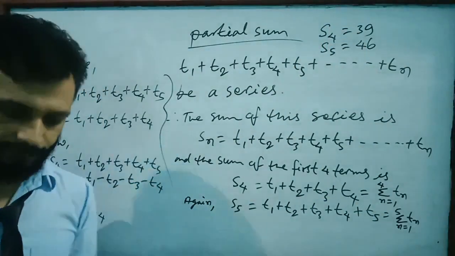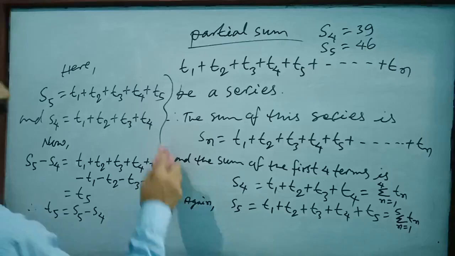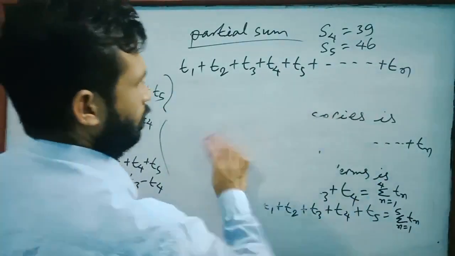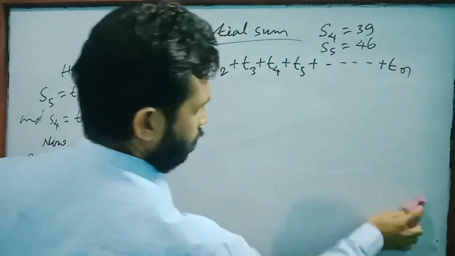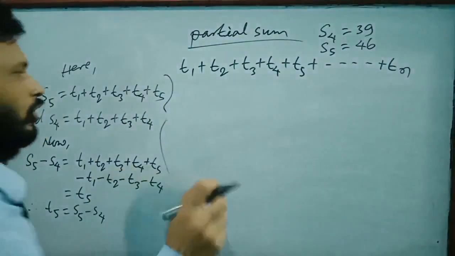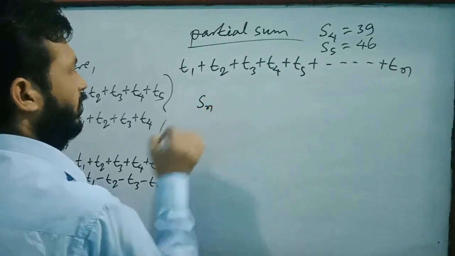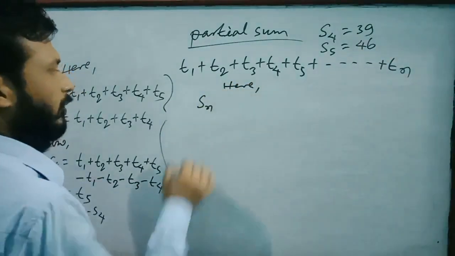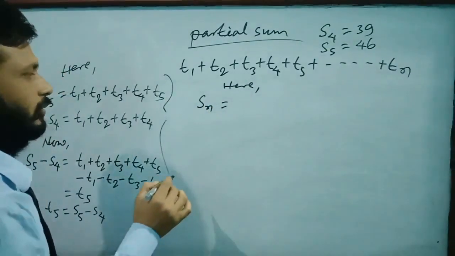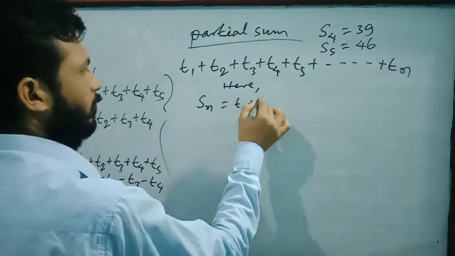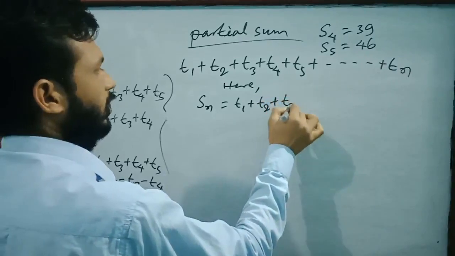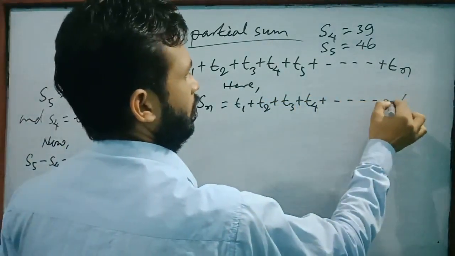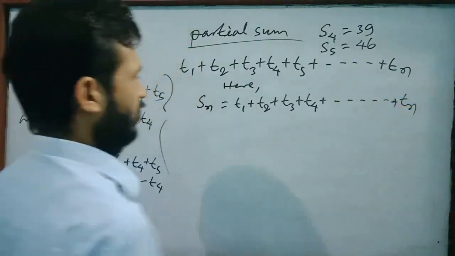Okay, in this way suppose we have the sum of n terms here given, Sn equal to T1 plus T2 plus T3 plus T4 plus up to Tn.